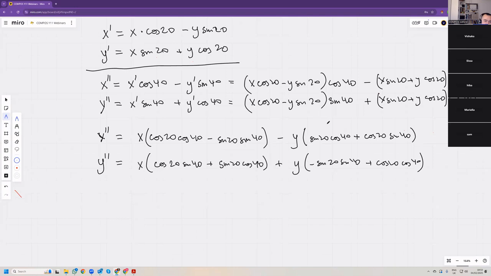But then, if you're really observant, what is this? Can you simplify this part? Cos 20 cos 40 minus sine 20 sine 40. Does anyone recognize it?